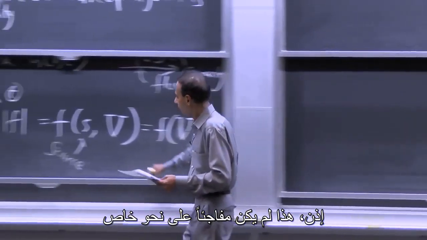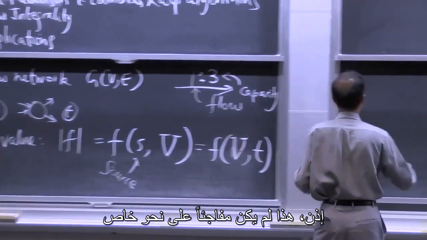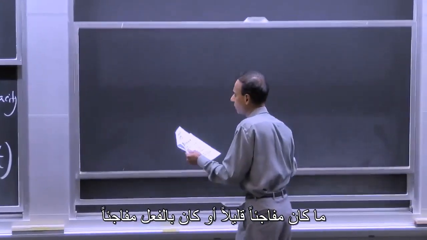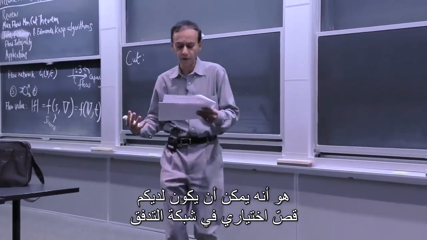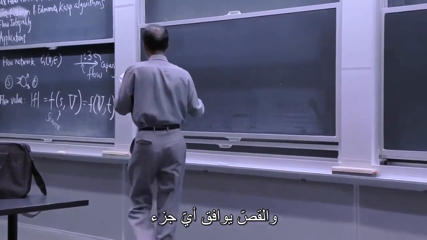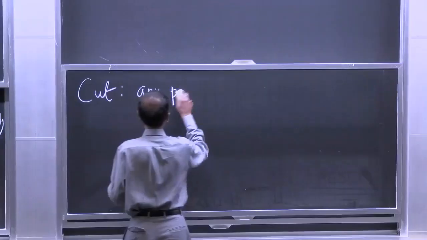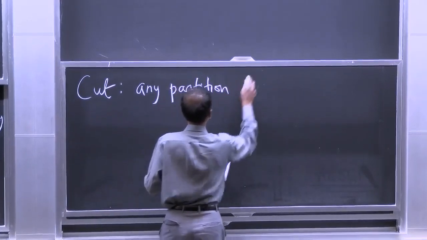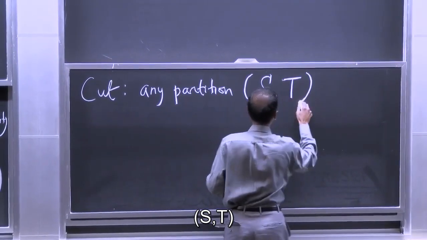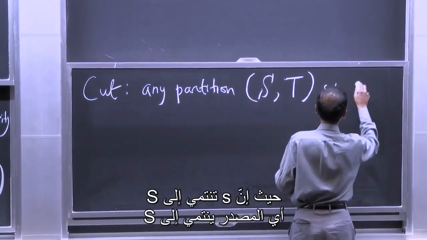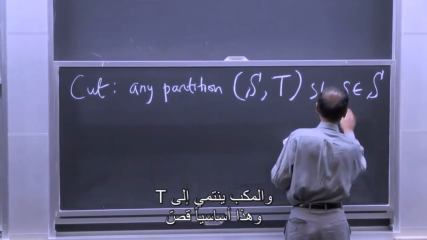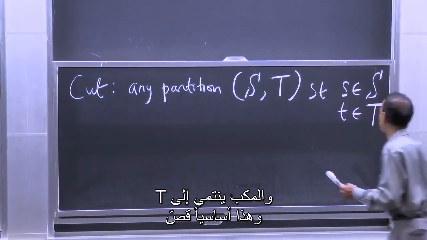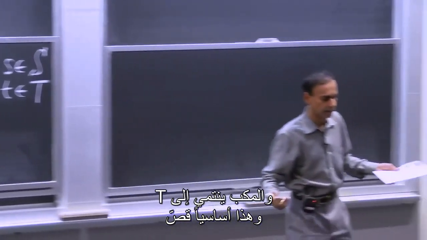So that was not particularly surprising. Something that was a little more surprising is that you can have an arbitrary cut in the flow network, and a cut corresponds to any partition (S, T) such that small s belongs to cap S, the source belongs to big S, and the sink belongs to big T, and that's essentially a cut.